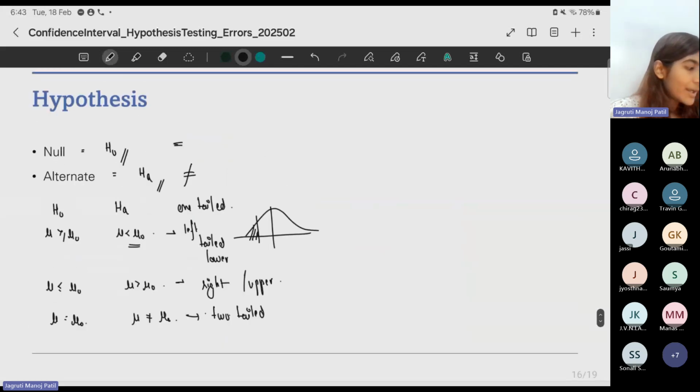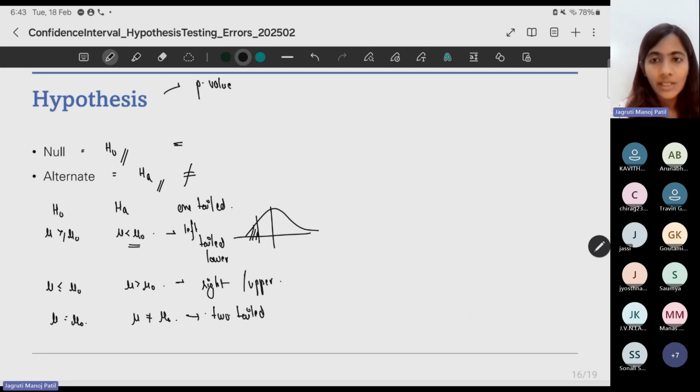One way is you do it using a p-value, which is your significance value that will tell you whether the two things you're looking at are significantly different or not, or whether your null or alternative hypothesis is true or not. So these are the approaches through which you can see whether your hypothesis is true.